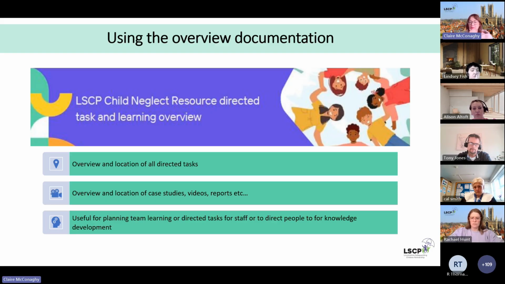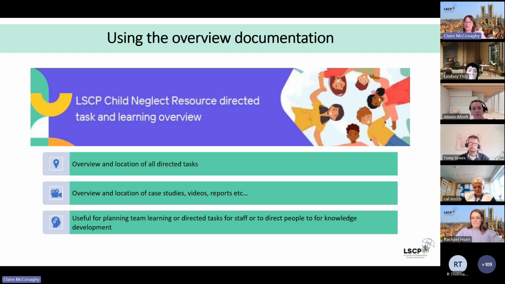As part of just after the launch and during those initial stages, we put together this document, again just to help navigate and lay out at a glance where some of these reflections or case studies have been placed.